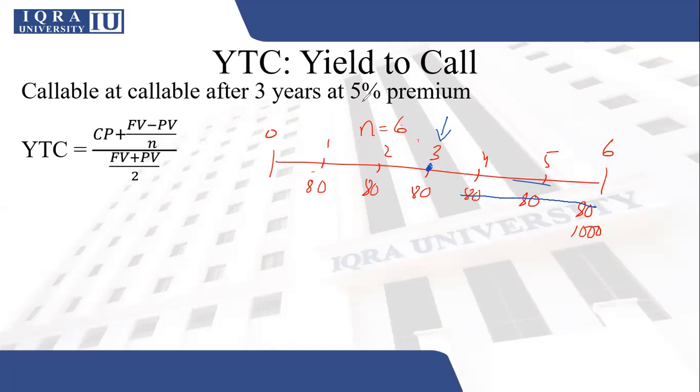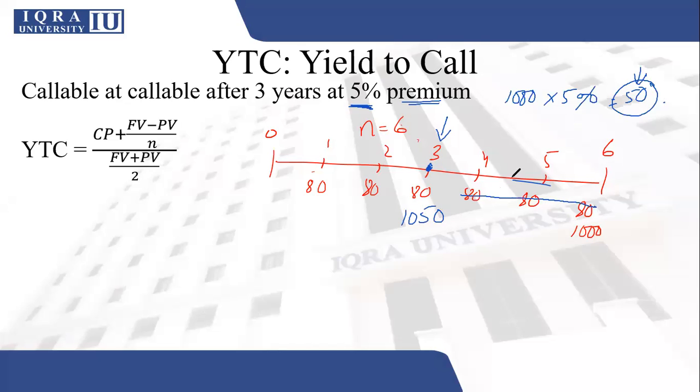Now it is going to be called at a 5% premium because the company is ending the bond before the stated maturity. They will have to pay a premium on it, which is an extra amount. So 1,000 multiplied by 5% means they're going to pay a premium of 50 on the bond. So instead of giving just 1,000 back to the investor, they are going to give 1,050 back.